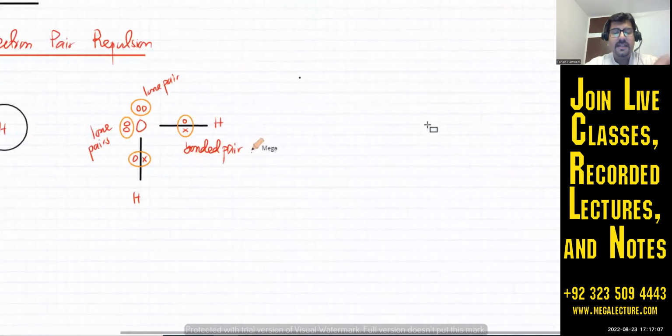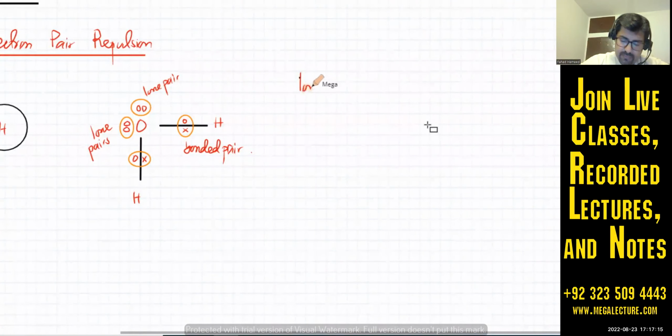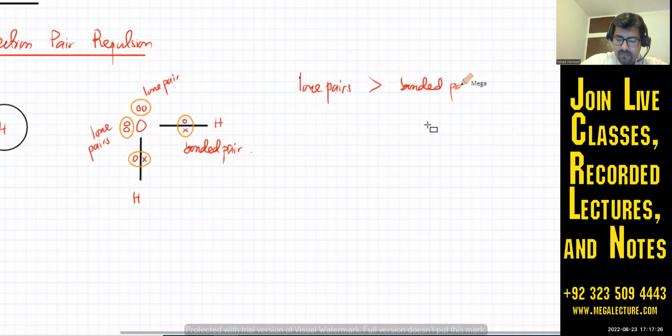And remember that these lone pairs exert a greater repulsion compared to bonded pairs of electrons.